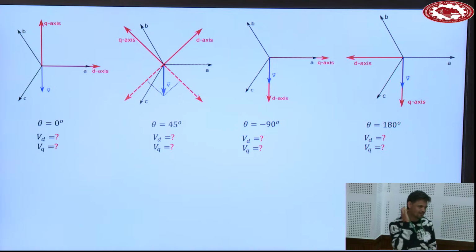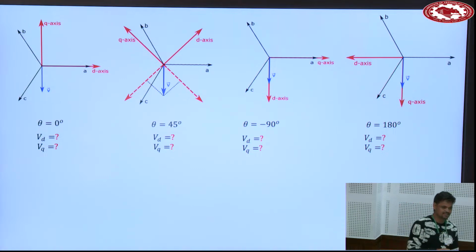Whatever mathematics I have explained to you, I will write in the code, and I want to verify the results which are discussed among us. In real life applications, Chandrasekharan sir's work is all about PLL only. He has done very good work in PLL.